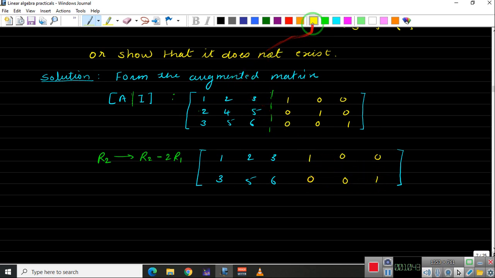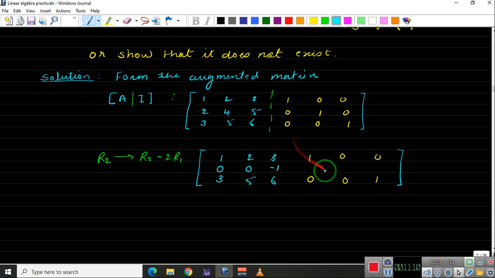But our second row changes, right? You are multiplying the first row by 2 and subtracting. So 2 minus 2 times 1 is 0. 4 minus 2 times 2, again that will be 0. And 5 minus 3 times 2, so 5 minus 6 is minus 1.